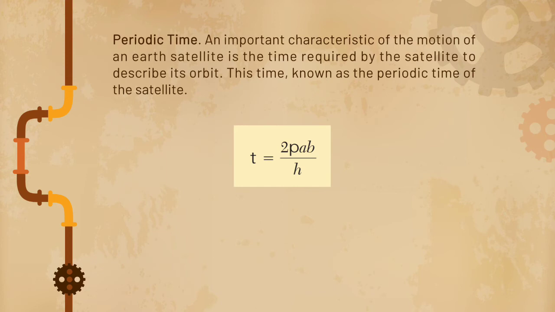While h can be readily determined from r sub 0 and v sub 0 in the case of a satellite launched in the direction parallel to the surface of the Earth, the semi-axes a and b are not directly related to the initial conditions.